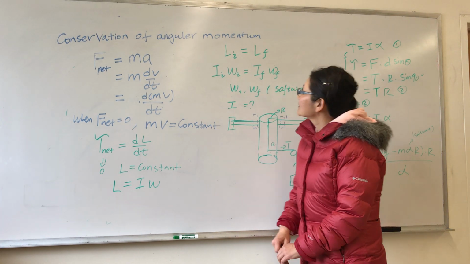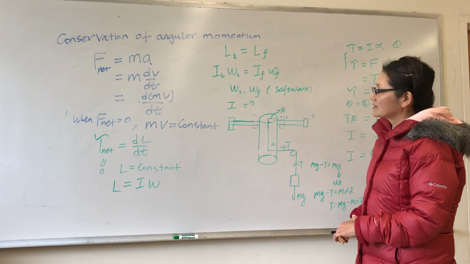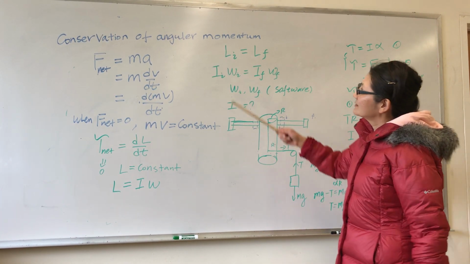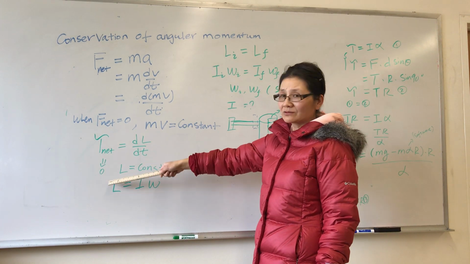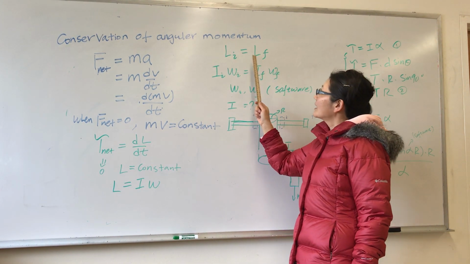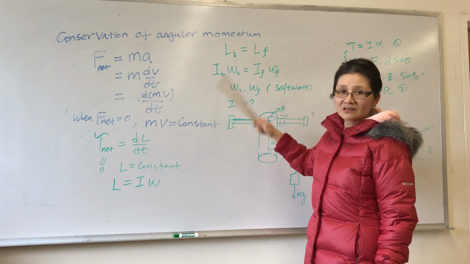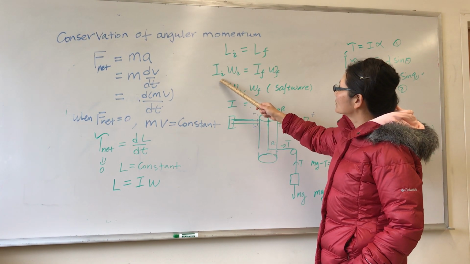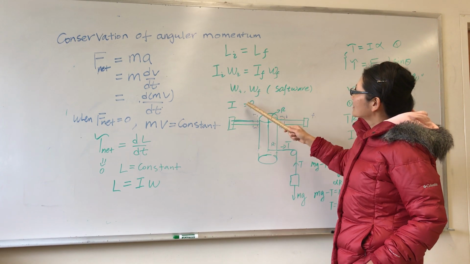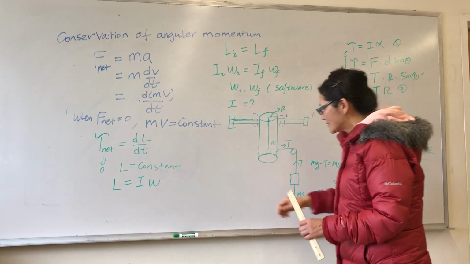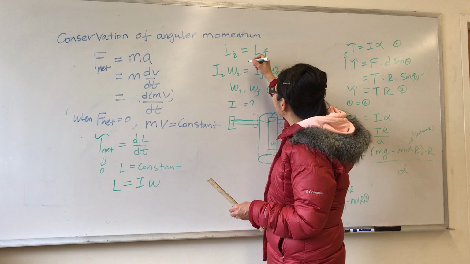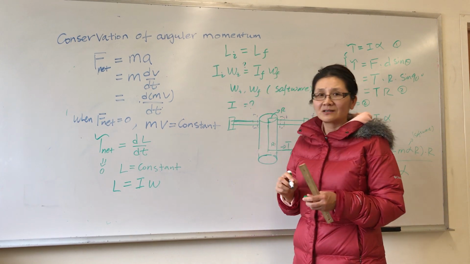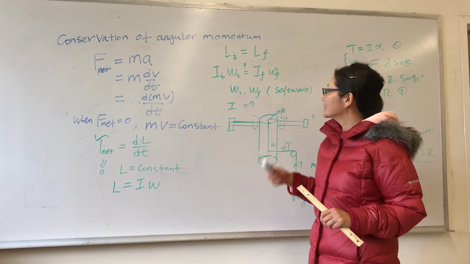Angular velocity. And today we're going to verify that when torque is 0, angular momentum is conserved. Okay, so initial and final. We're testing this equation to see if it is established, if it is right.